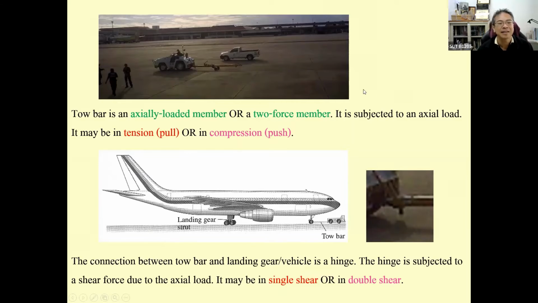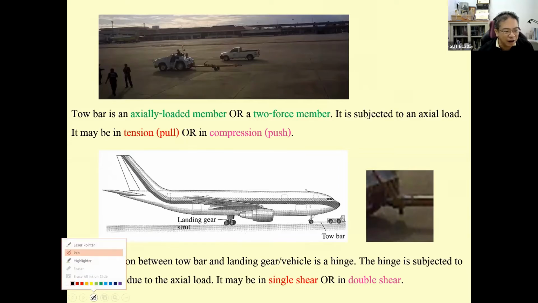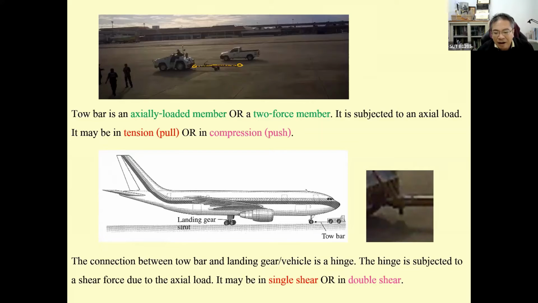And let us just consider this small yellow structural member. Okay, it is at the hole over here. That represents the tow bar. One links to the landing gear. Another one links to the vehicle. When you put this one into the vehicle, you can say this is the member.